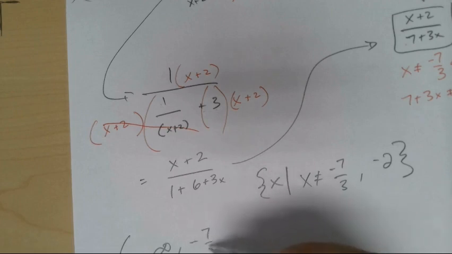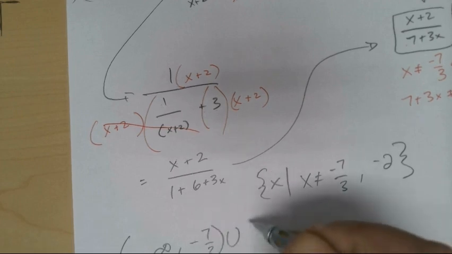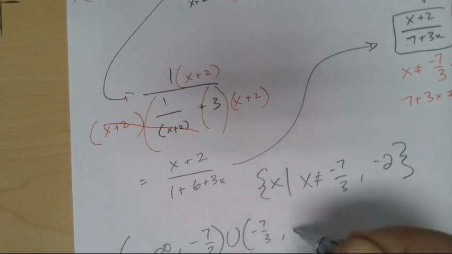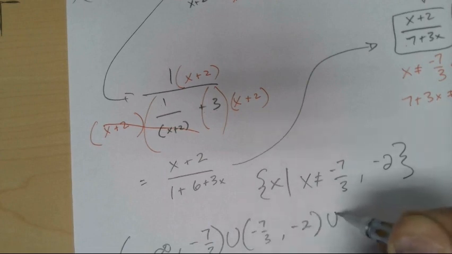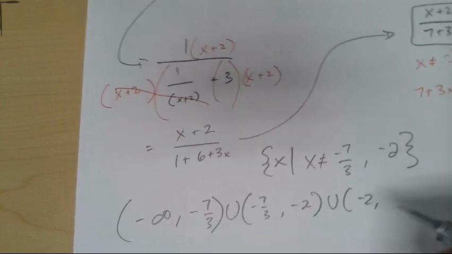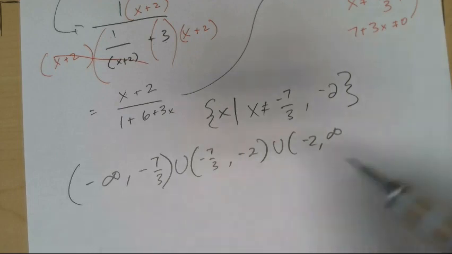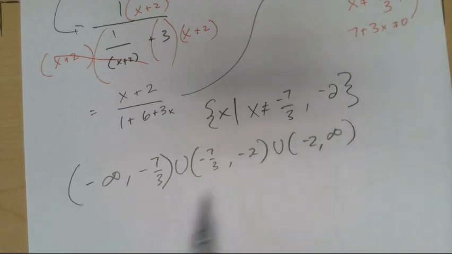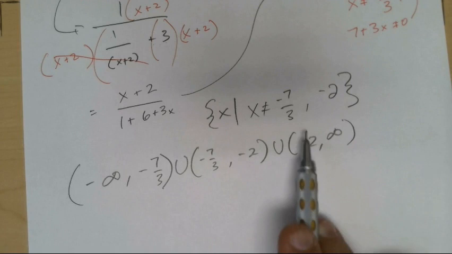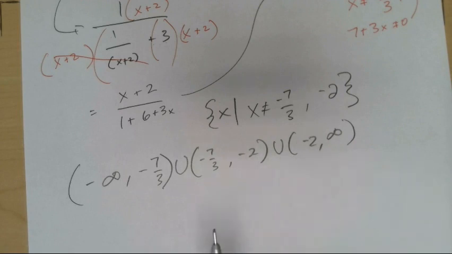So negative 7/3, union negative 7/3 to negative 2, union negative 2 all the way to infinity. So I went from negative infinity to infinity, and I skipped over negative 7/3 here and negative 2 there. There's my domain. Okay? Cool.